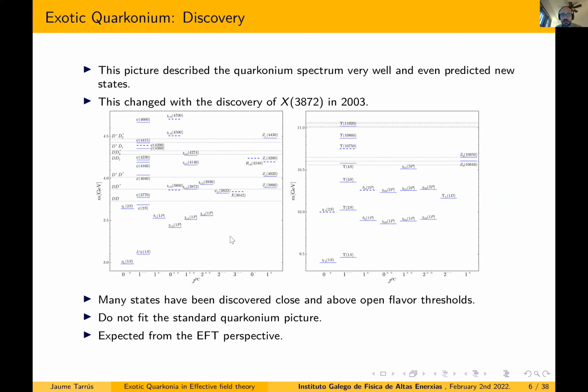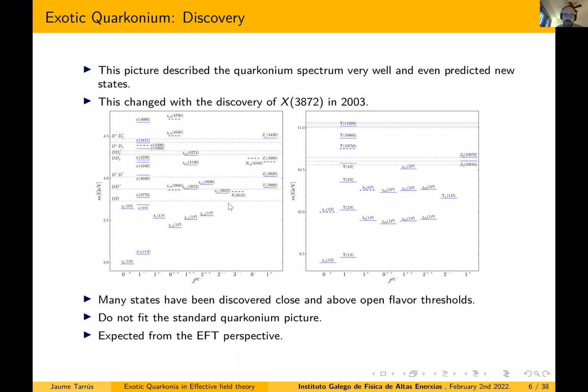But this good agreement changed in 2003 with the discovery of the X(3872), which did not fit the standard predictions, and this is the state that is found here. This was followed in the following years by more discoveries of other states which were either unexpected or showed properties that were different from the ones expected from a standard quarkonium.